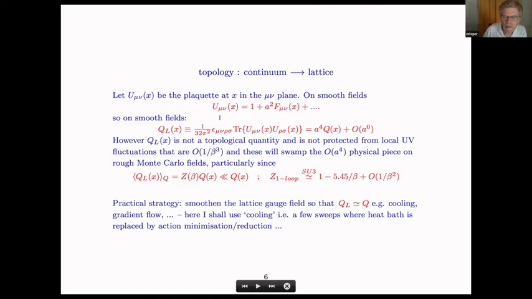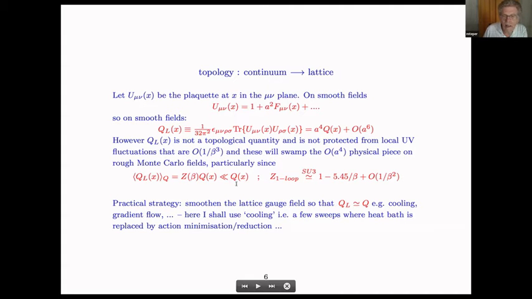You use the fact that the plaquette on smooth fields is related to the field strength, so if I simply take the same expression with an epsilon and orthogonal plaquettes, the constant term will disappear because of the epsilon, and the linear terms will disappear, and I will get a to the 4th from this product, the topological charge density on smooth fields.